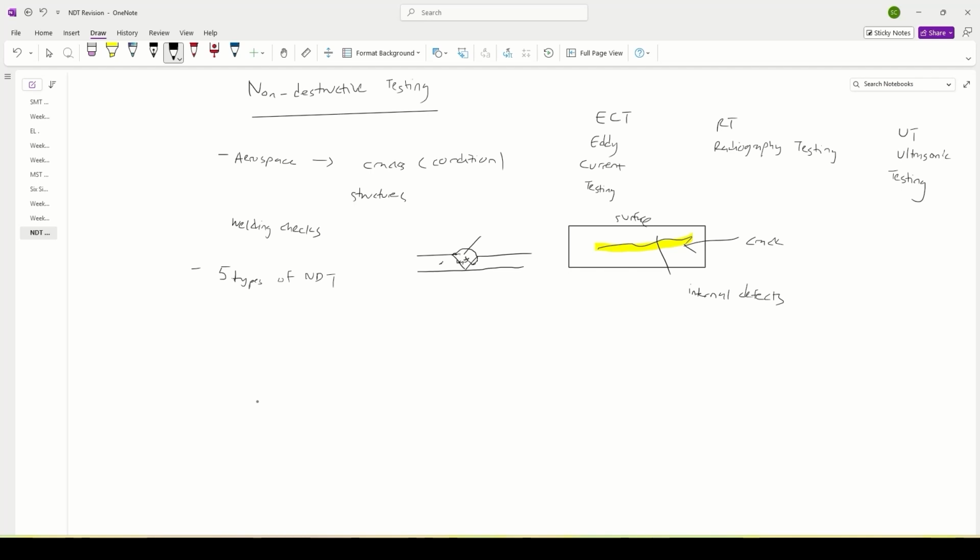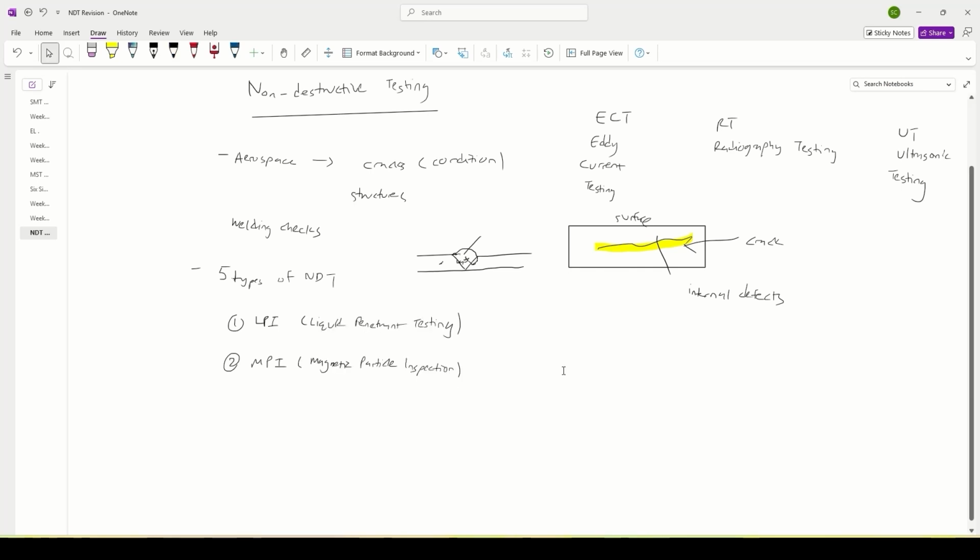So imagine that you want to test an object for whether it has damage, you suspect damage. First off are surface breaking defects, like liquid penetrant inspection and magnetic particle inspection or testing. Those last words can be interchangeable. So liquid penetrant is basically spraying liquid on the surface.